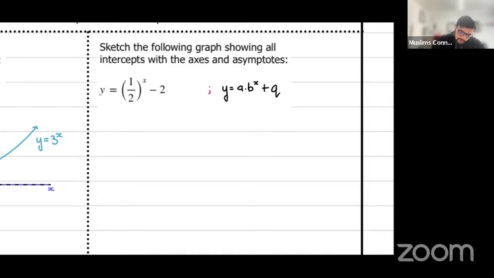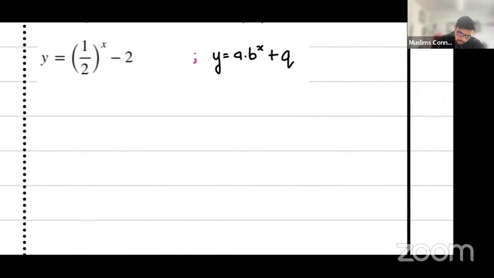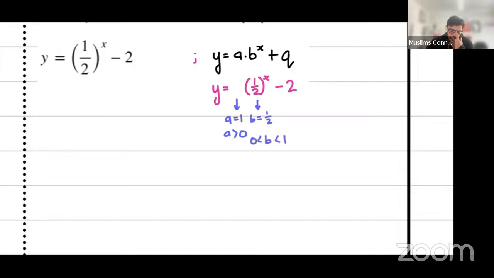And our equation is y is equal to a half to the power of x minus 2. So what is a? A is equal to 1. Basically, a is greater than 0. What is b? B is equal to a half. Basically, b is greater than 0, but less than 1. B is a fraction. And this one has a horizontal asymptote, and y is equal to negative 2 is its equation.